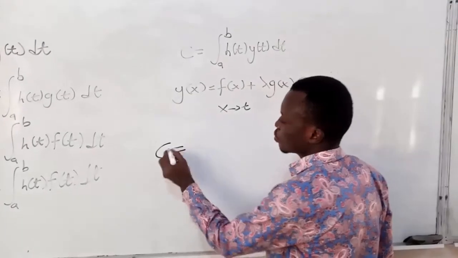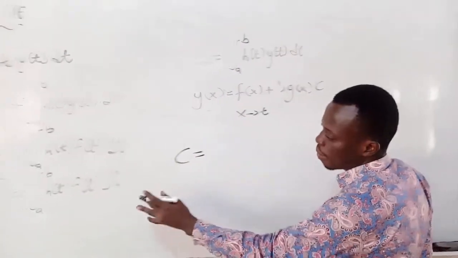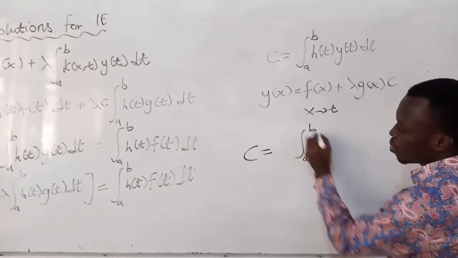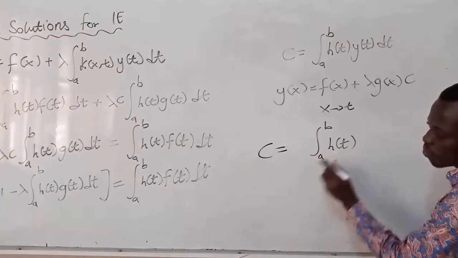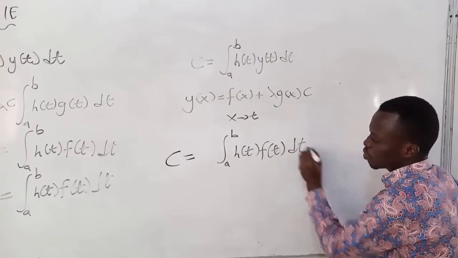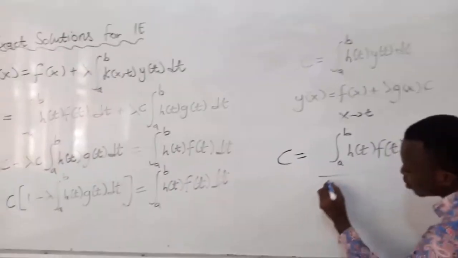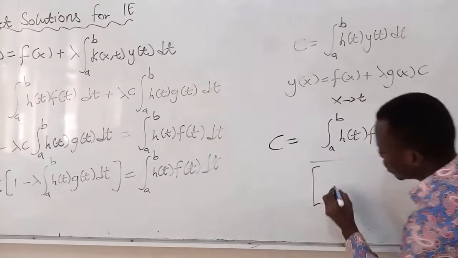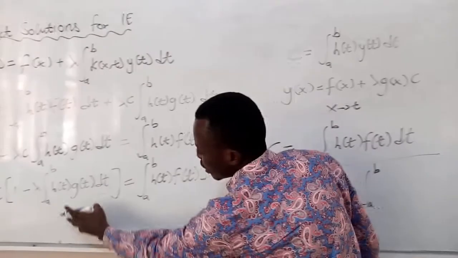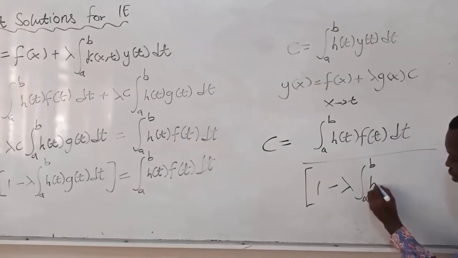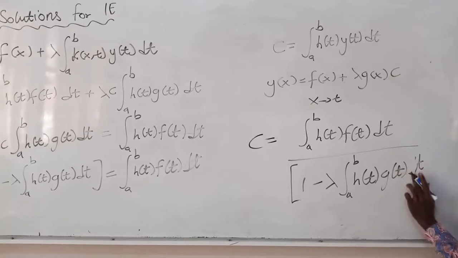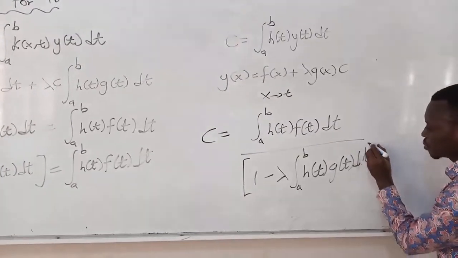c is equal to integral from a to b h of t f of t dt, all divided by 1 minus lambda integral from a to b h of t g of t dt.